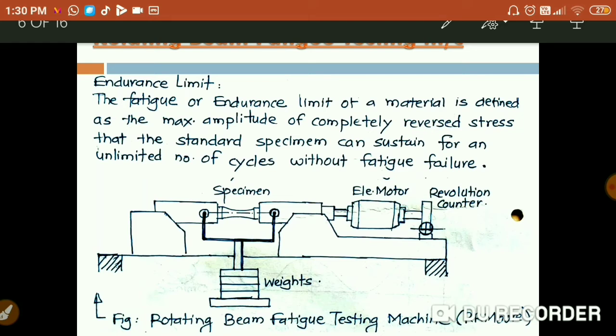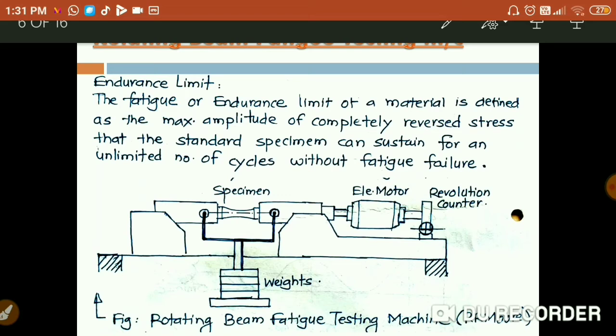During the first test, the bending stress is kept slightly less than the ultimate tensile strength of the material. In the second test, the specimen is tested with a stress slightly lesser than that used for the first test, and again the number of cycles before fracture takes place is counted. This process is continued.